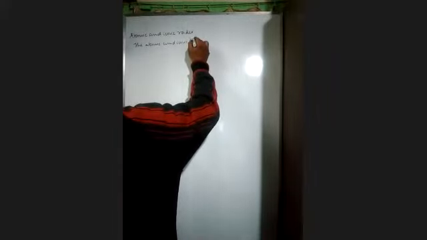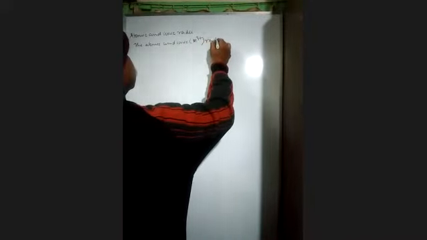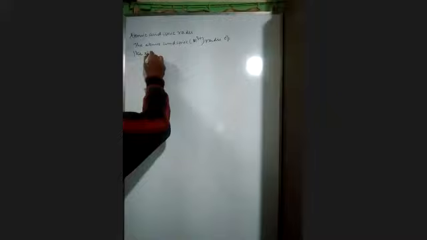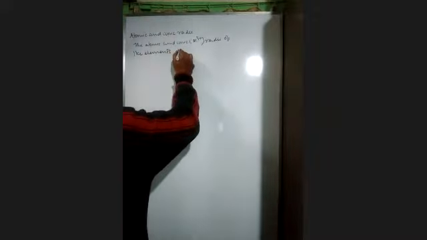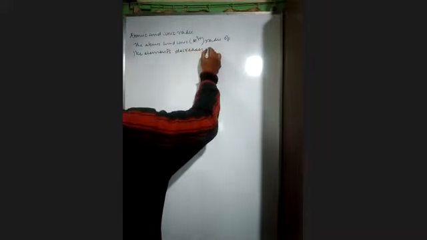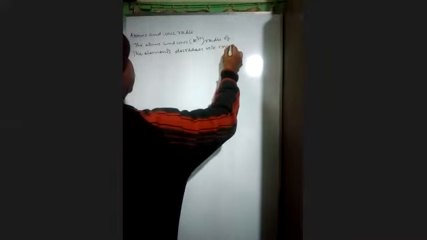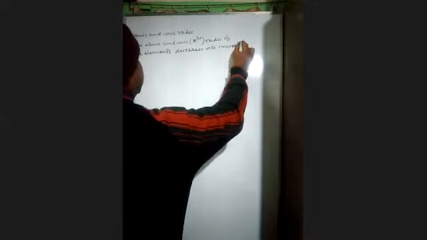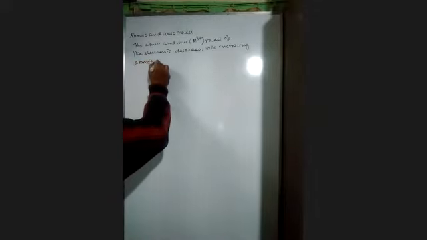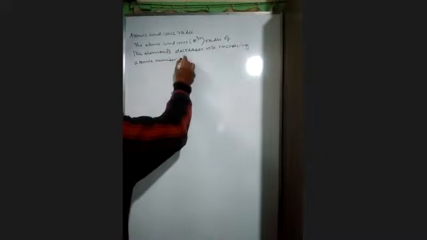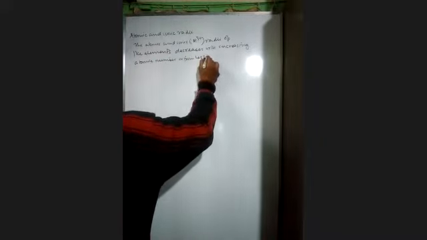So we will write here now. The radii of elements decrease with increasing atomic number, or from left to right.